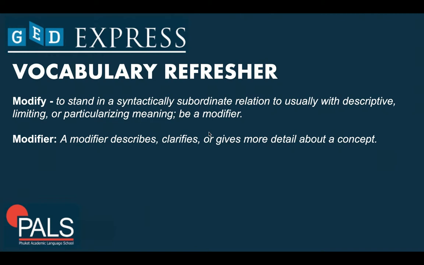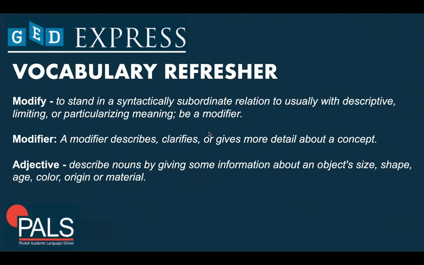And there are two kinds that can do that in the English language's parts of speech, which are adjectives that describe nouns by giving some information about an object's size, shape, age, color, origin, material, or actually even taste.